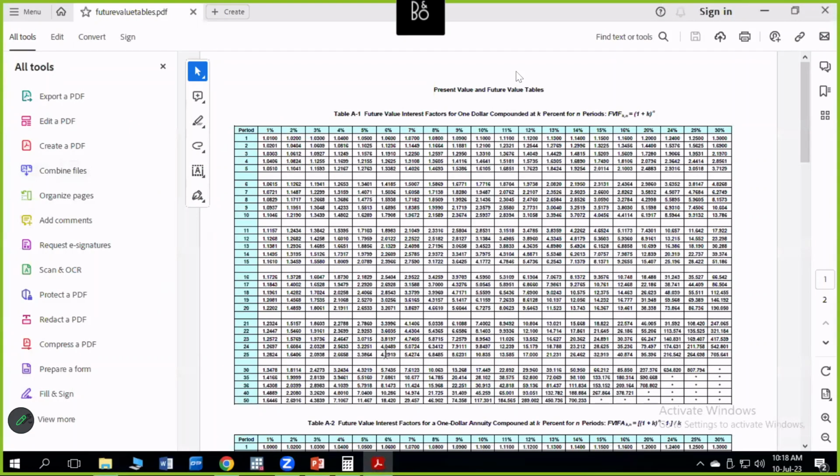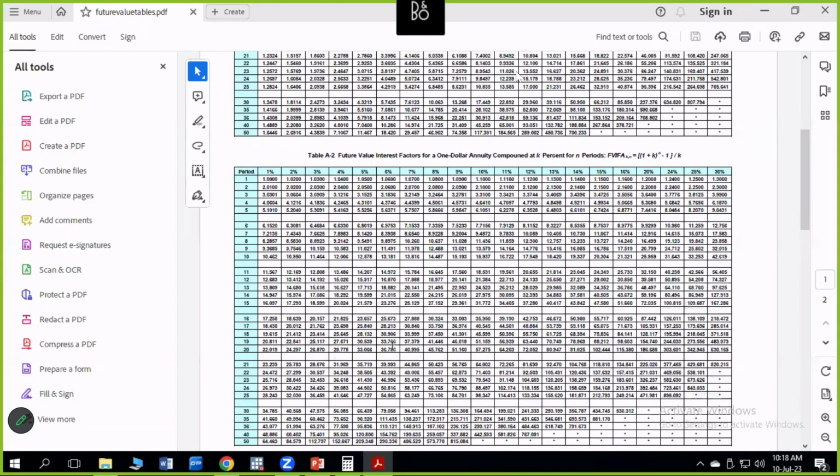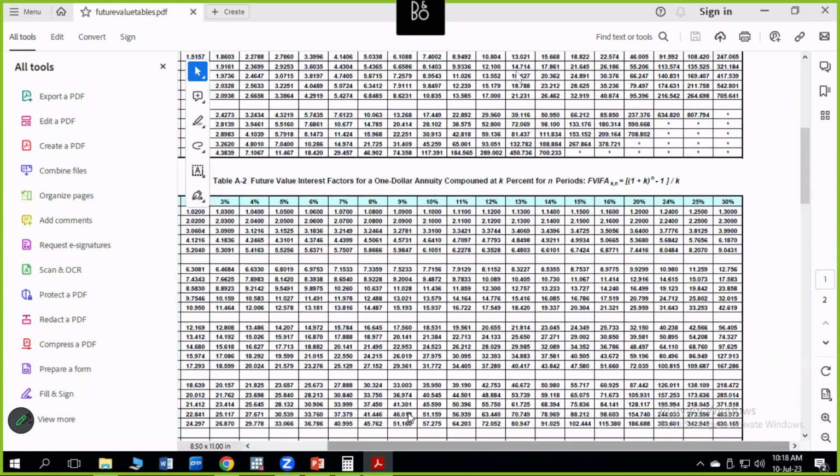The A2, table A2, is the future value interest factor for $1 annuity. This formula is given here.